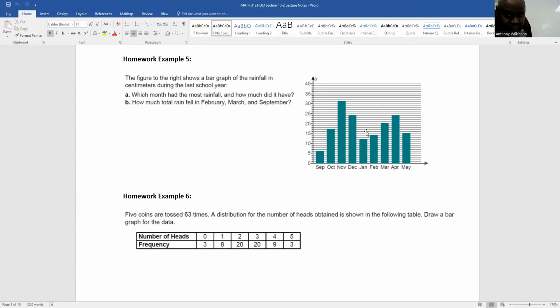And then in September, it was 6. So that adds up to 40. So the total rain that fell in February, March, and September is 40 centimeters. Okay. All right, questions on example 5.